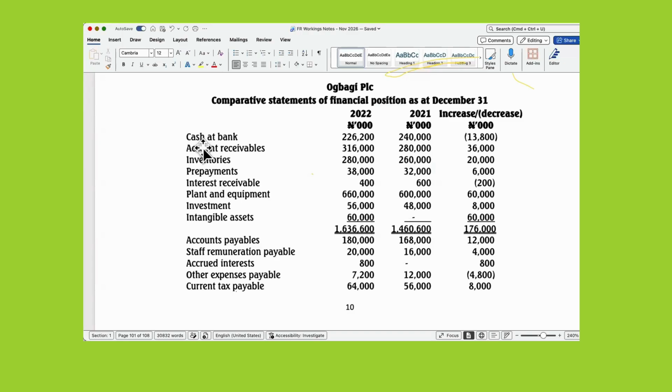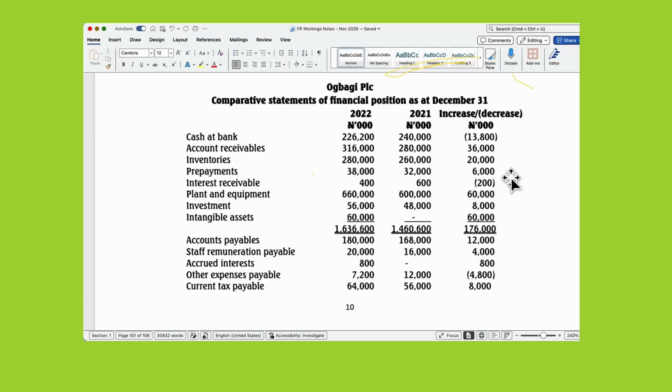Account receivables, I have already adjusted for that when I was trying to get my sales. Inventories, I have already adjusted for that. Prepayments, I have not touched that. Ordinarily, it would have been interesting to touch this in operating, but since we didn't touch it, we can deal with it in investing.